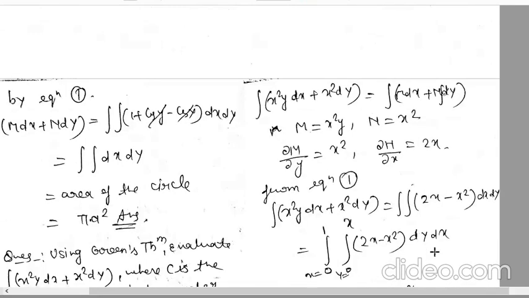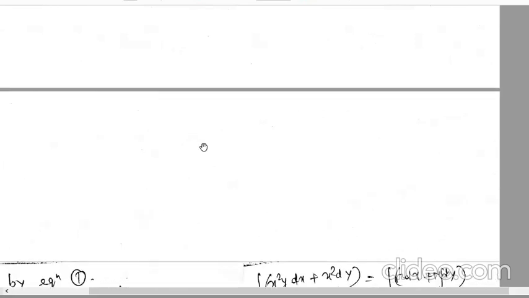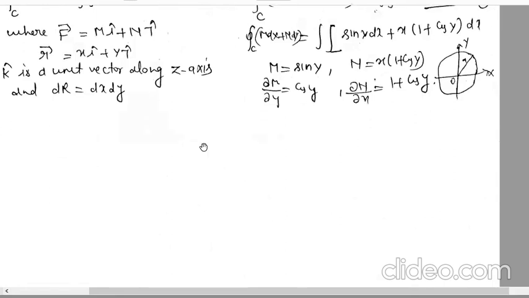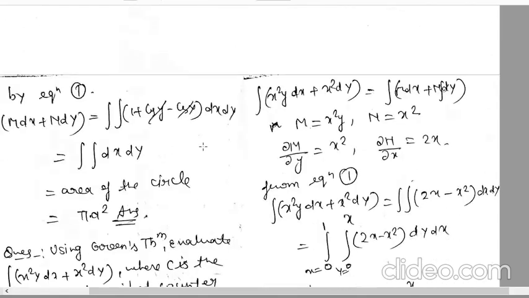Now, by equation 1, the integral of M dx plus N dy is equal to the double integral of del N upon del x minus del M upon del y. The del N upon del x value is 1 plus cos y, and the del M upon del y value is cos y. So cos y cancels out, and dx dy remains. We know that dx dy is the area of the circle, which is pi r square, and the radius is given as a.